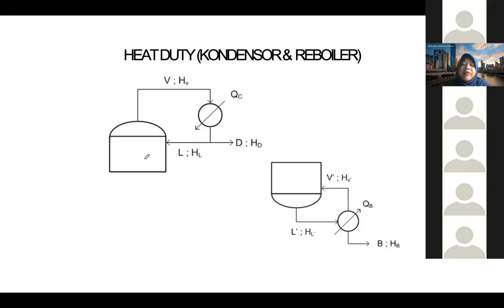You can try to check that. Also, you have learned about mass and energy balance, and here also about the reboiler. Again, the liquid multiplied with HL plus the QB would be equal to the output.